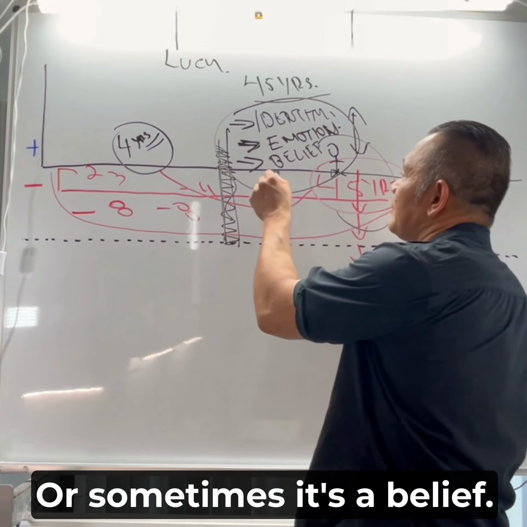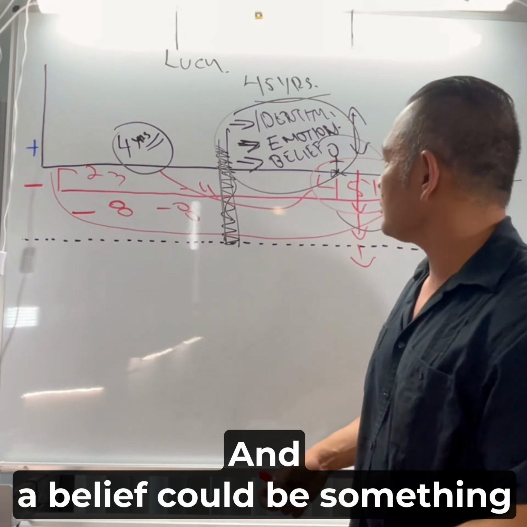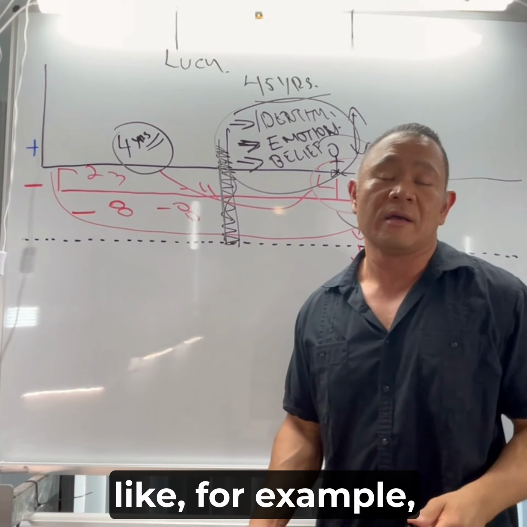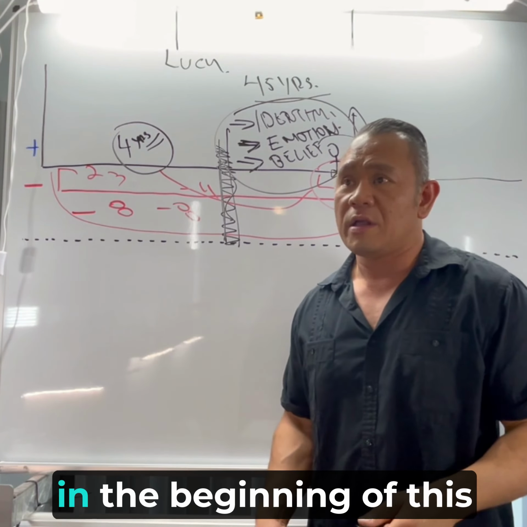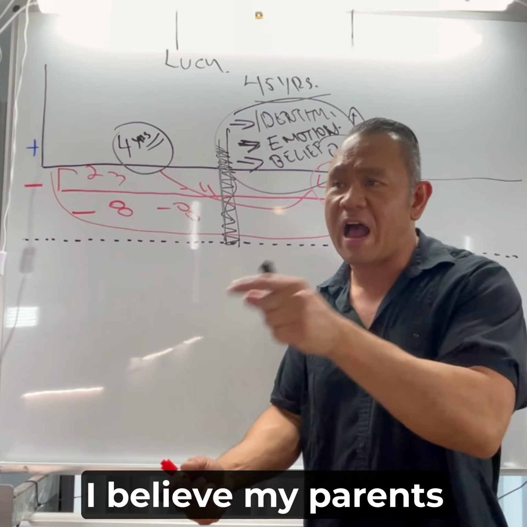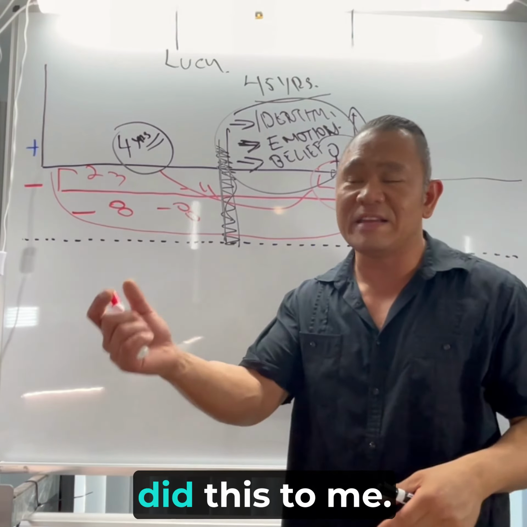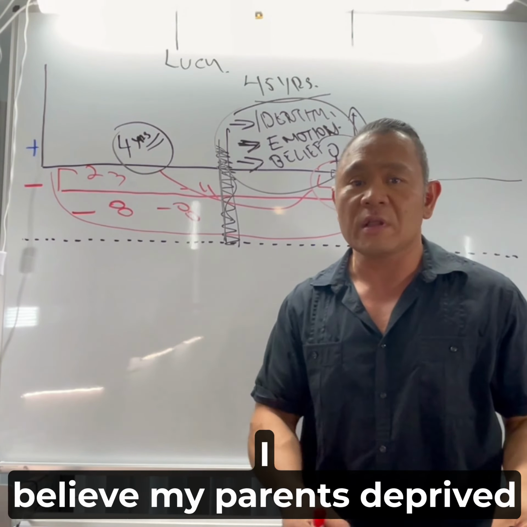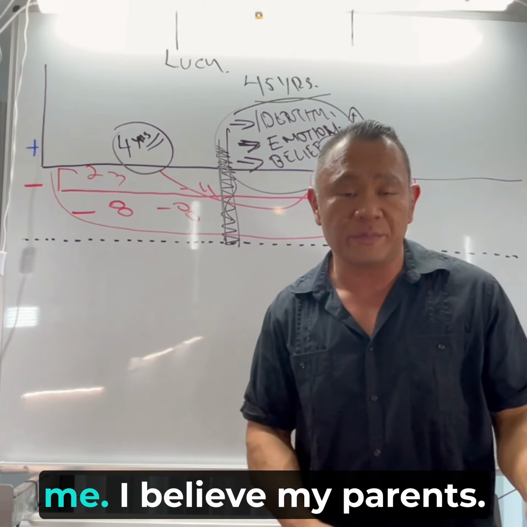Or sometimes it's a belief. And a belief could be something like, for example, in the beginning of this exercise, Lucy had said, I believe my parents did this to me. I believe my parents deprived me.